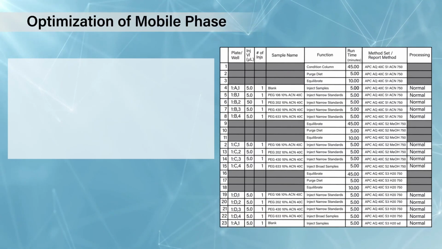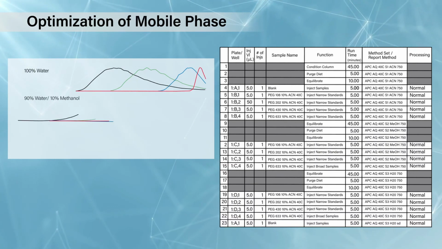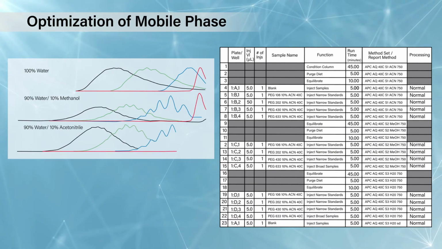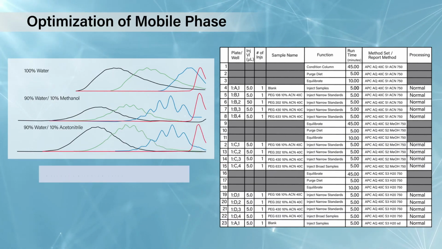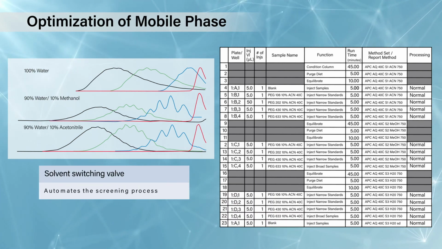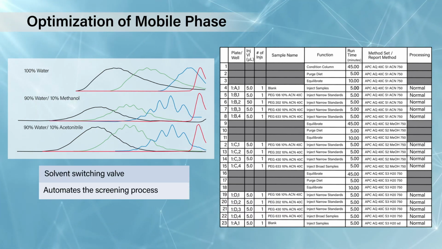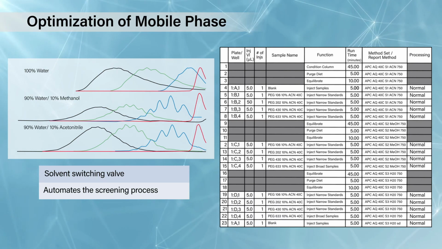But also you may want to optimize your mobile phase. So in this case, we tried different levels of modifier. So instead of just trying one modifier, seeing if it improves, we can change those different levels of modifiers to really achieve the optimal range.